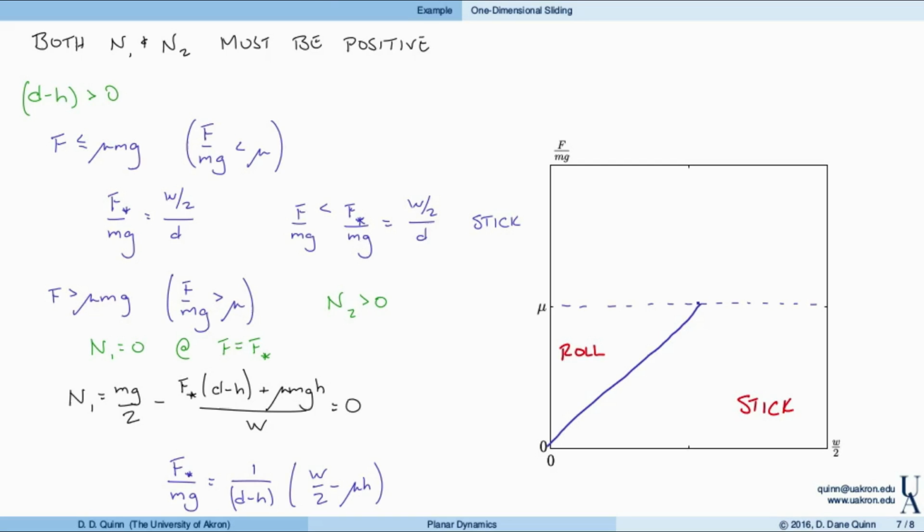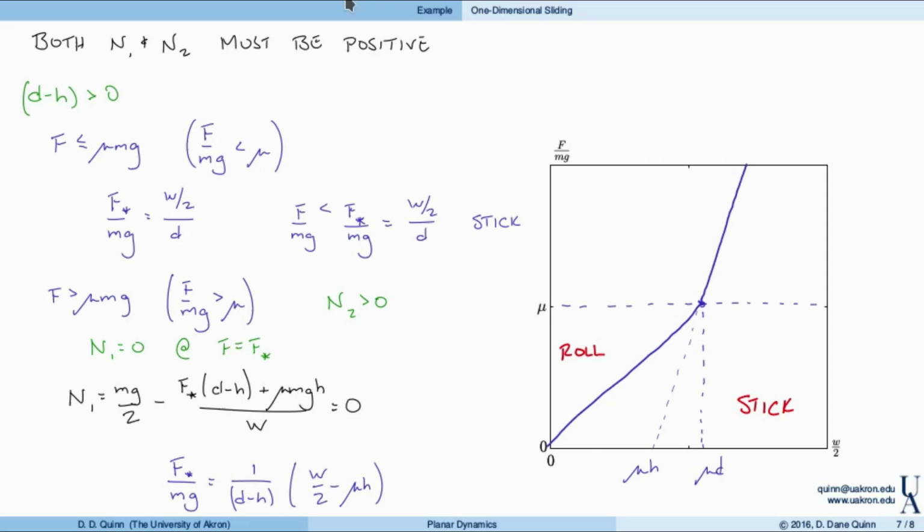Instead, it connects up with this line, but goes off at a different slope. You could extend this back to figure out the intercept, which is mu times h, while the transition point occurs at w over 2 equals mu times d.